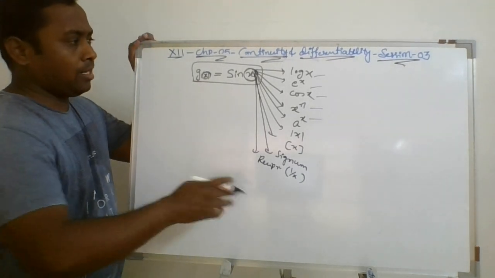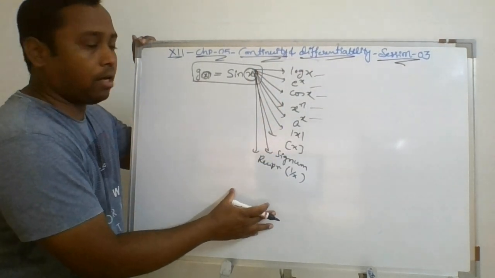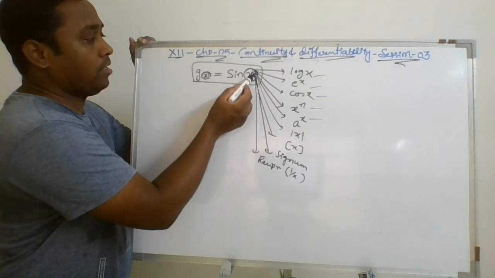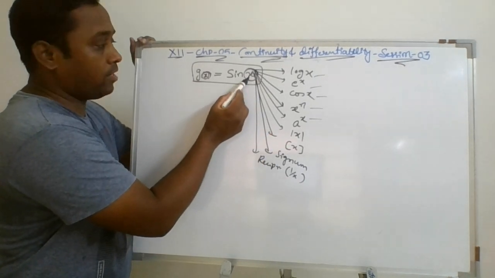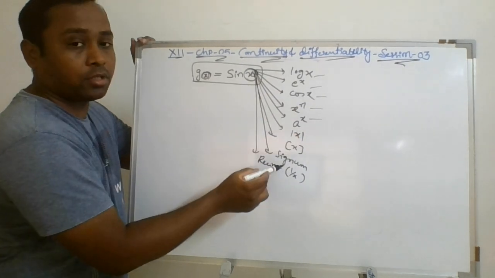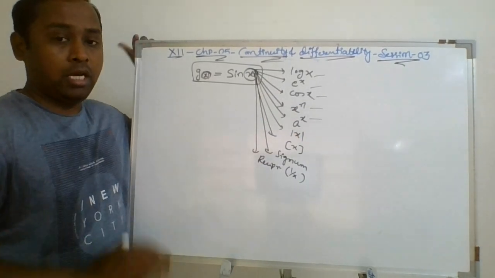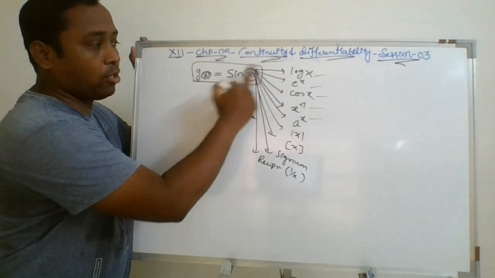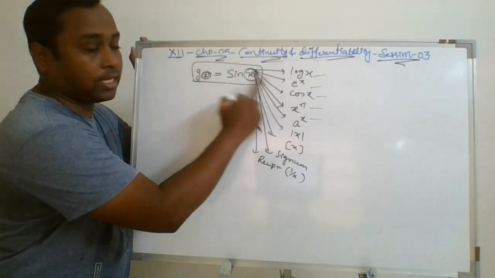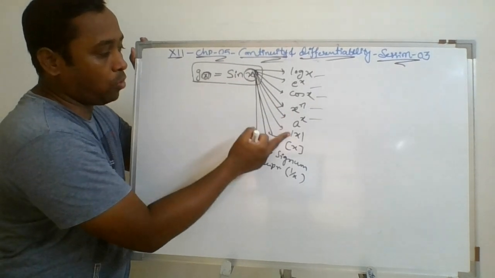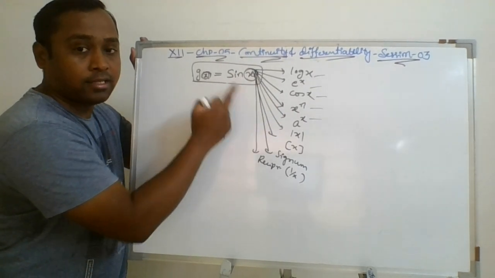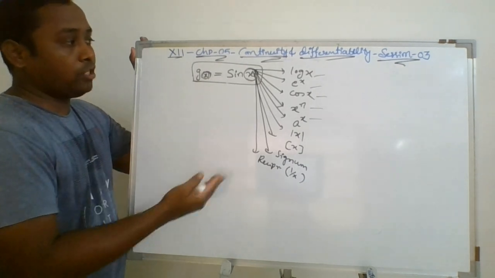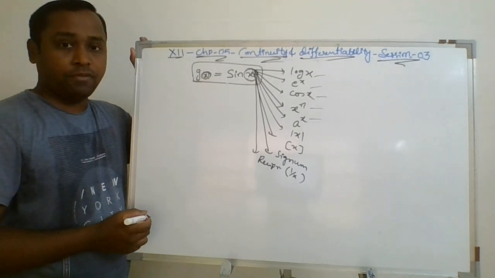So there are several kinds of functions we have. If you replace the value of x in a simple function with any of these functions, the function becomes, instead of sin x, sin of log x, sin of e power x, sin of cos x, sin of x power x, sin of mod x, sin of greatest integer, sin of 1 by x. So this becomes the composition of functions.